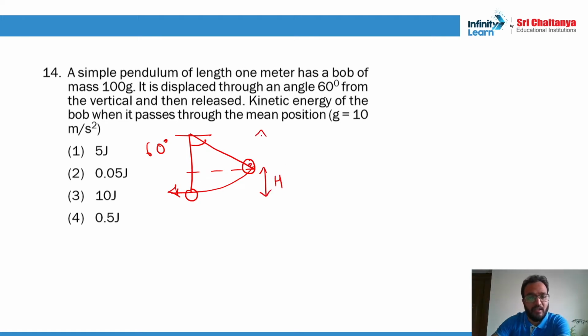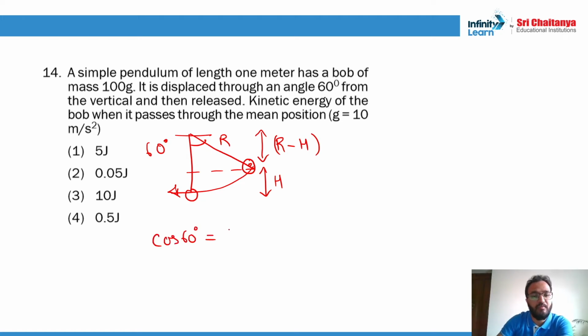So what is the height? See, this is R minus h, and this is R. So can you say that cos 60 degrees is equal to base upon hypotenuse? What is cos 60? 1 by 2. It is 1 minus h by R.